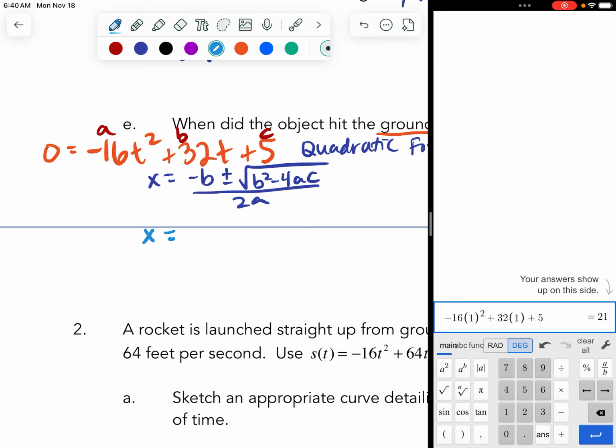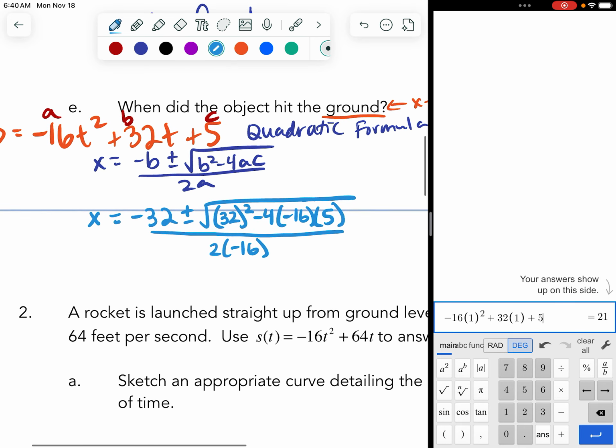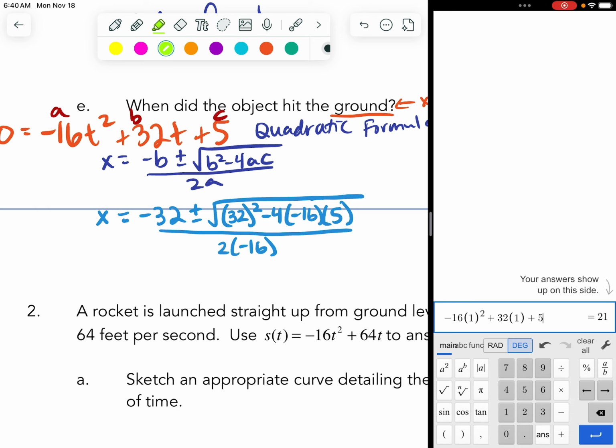Opposite of b is 32, so opposite of that is negative 32 plus or minus big square root of 32 squared, minus 4 times a, which is negative 16, times c, which is 5, and that's all over 2 times a. Okay, just plugged in a, b, c.